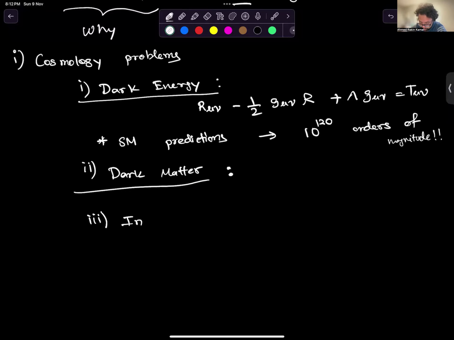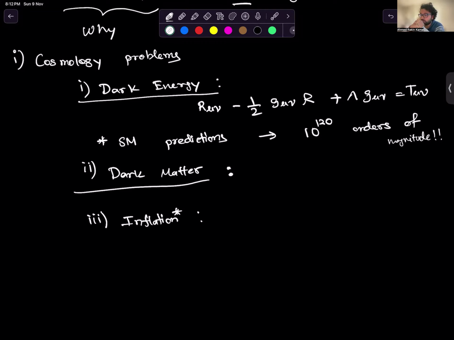Another one is something called inflation. Observations suggest that the early universe went through a rapid expansion of space and time, probably driven by some scalar field. And this is not explained in the standard model. If the inflation was done by some scalar field, that is a very, very rapid expansion of space and time in the early universe, which explains our observational bounds as well.